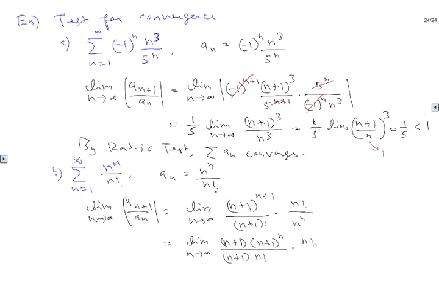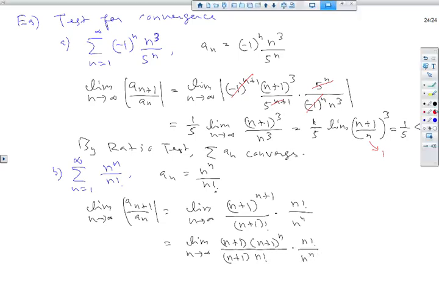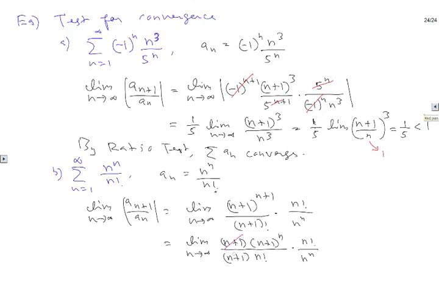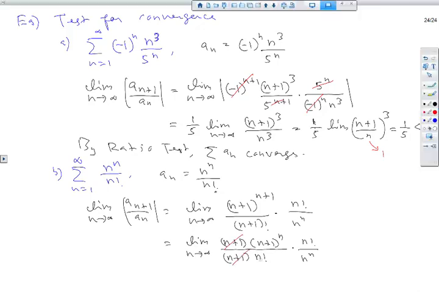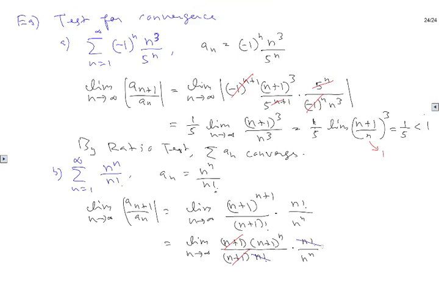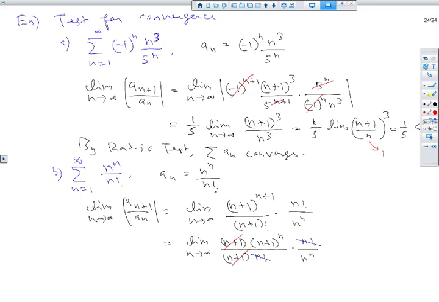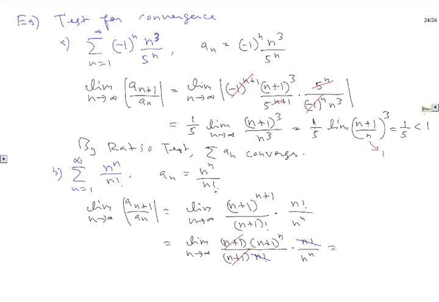So now you can see a lot of terms get cancelled, this cancels with that, and this cancels with that. So that means you simply end up getting the limit as n goes to infinity of n plus 1 over n to the nth power.